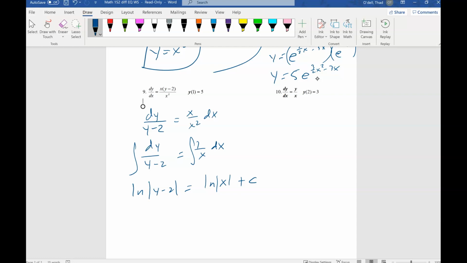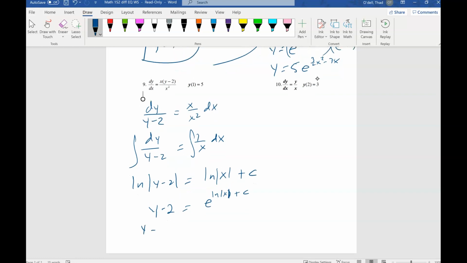And the way I exponentiate both sides, that would give me y minus 2 on this side and just x on that side. No, it wouldn't. Let's be careful. It would give me e to the ln of x plus c on one side, which would be equal to y minus 2.